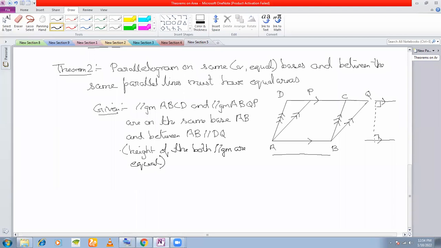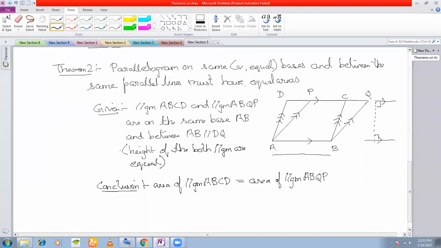In such a case, when the two parallelograms are on the same base and between the same parallel lines, that is the heights are the same, then you can conclude that the area of the two parallelograms must be equal. Area of parallelogram ABCD must be equal to area of parallelogram ABQP.